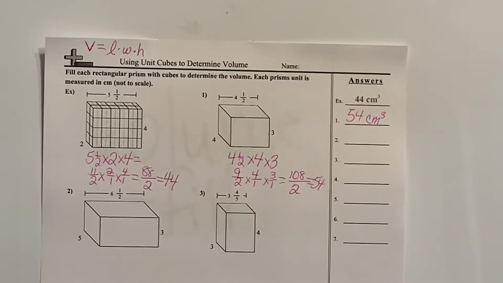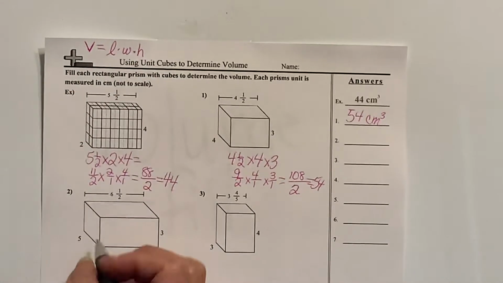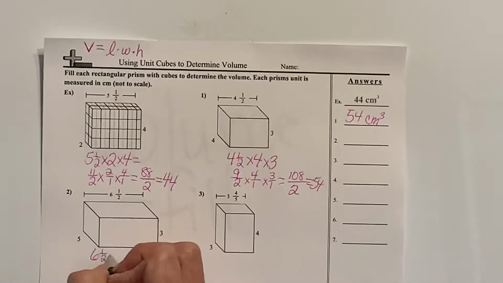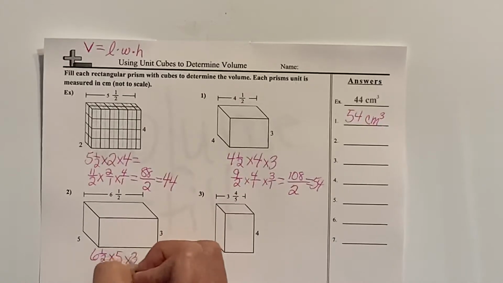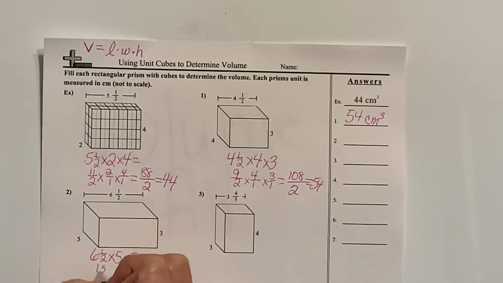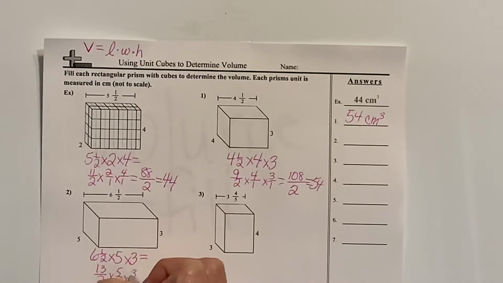All right, on to number 2. Now we're going to do the length first. The length is 6.5 times the width, which is 5, times the height, which is 3. So we've got 6.5. I can convert that. That's 6 times 2 is 12, plus 1 more is 13. 13 halves times 5 over 1 times 3 over 1.